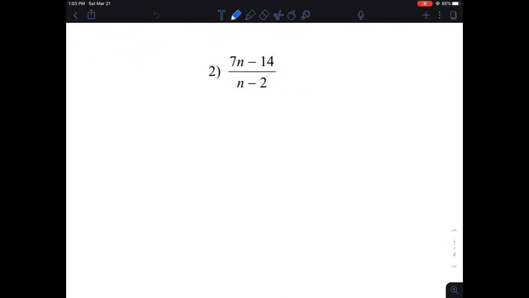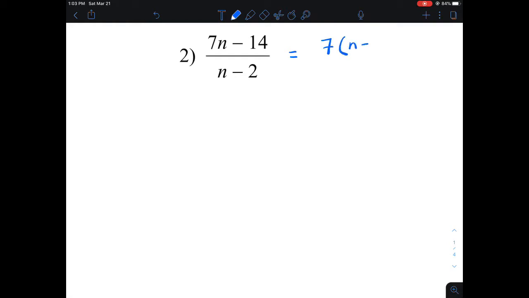I want to start with number 2. Through the process of simplifying, usually you just want to try and factor. So I factor my numerator, and that's going to make 7 times n minus 2 divided by n minus 2.